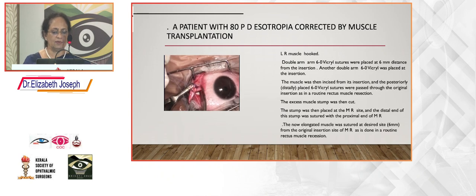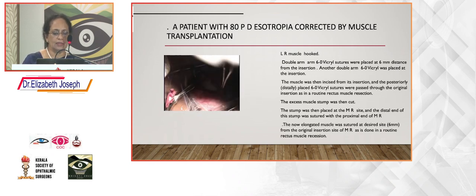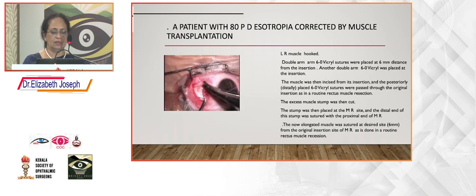That way we retrieve a piece of the muscle, and then that muscle piece is kept securely in balanced salt solution. Then the resection of the muscle is completed by pulling the muscle anteriorly and fixing it close to the insertion.